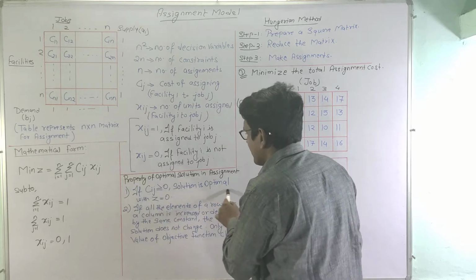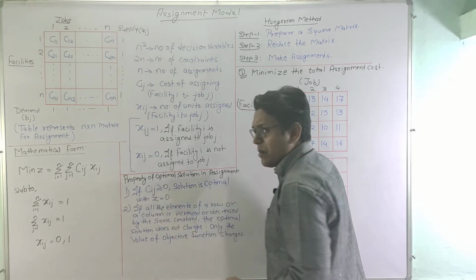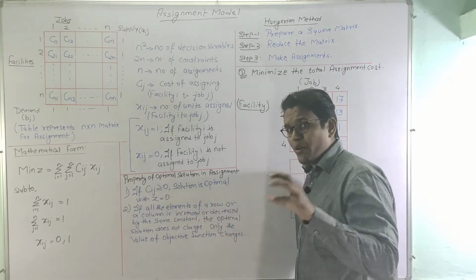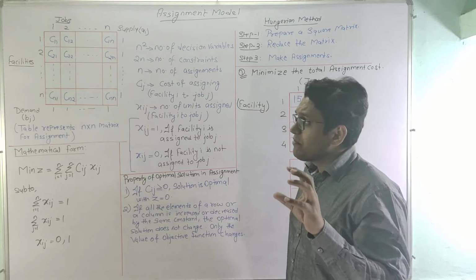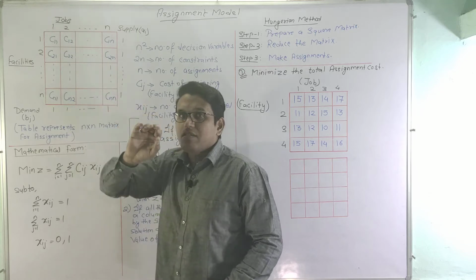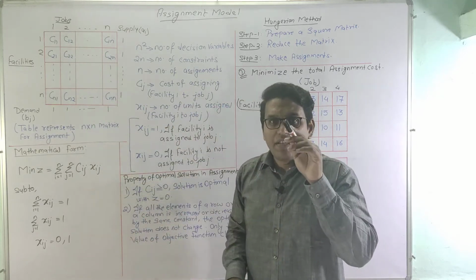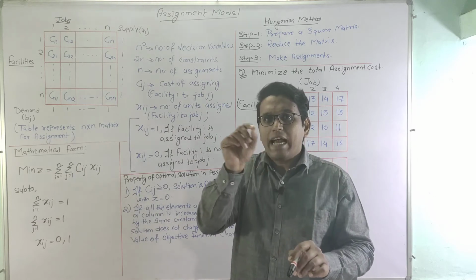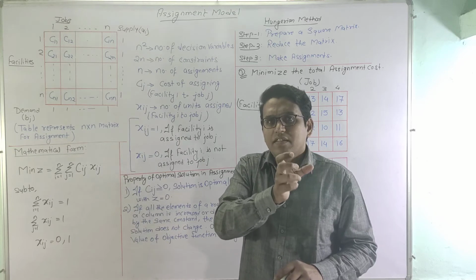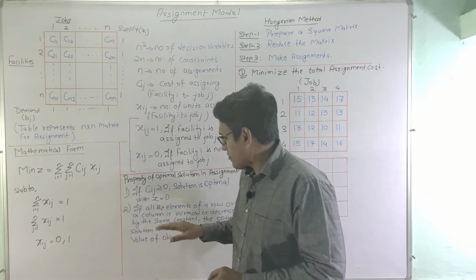This is very simple to understand: for Cij greater than or equal to 0, the minimum value of z one could get is z equal to 0, and for obtaining z equal to 0, we need all the assigned values to be 0. Because only when we assign the value 0 will it add up to 0; if it has a certain positive value, it will not be equal to 0.